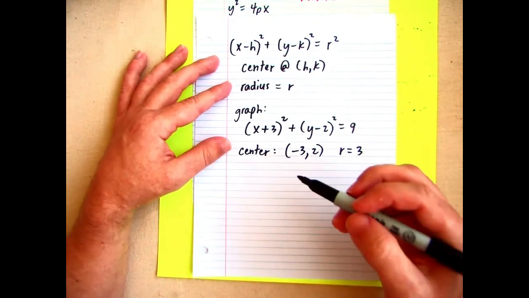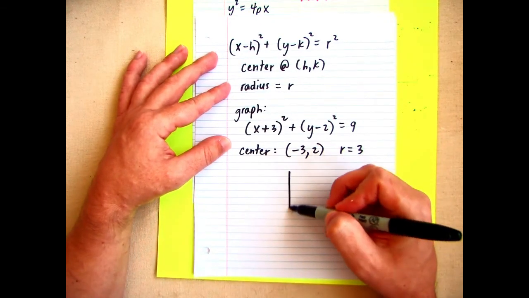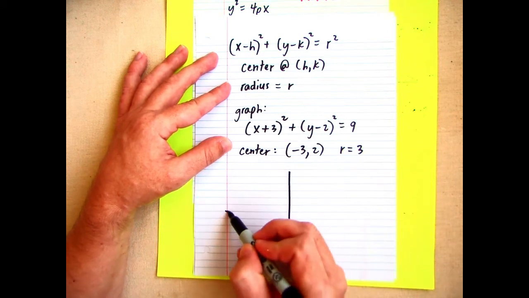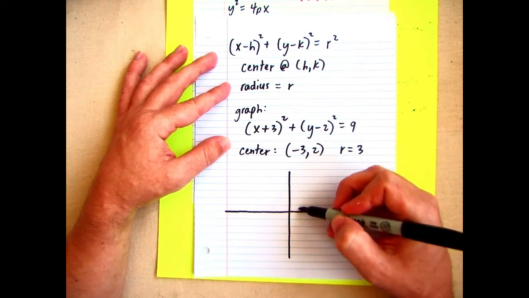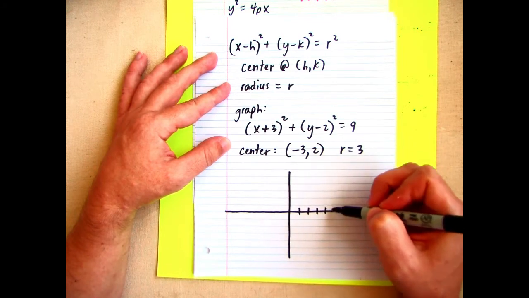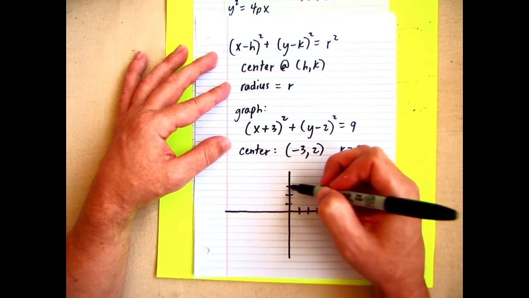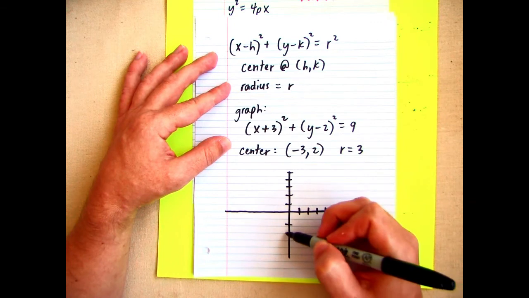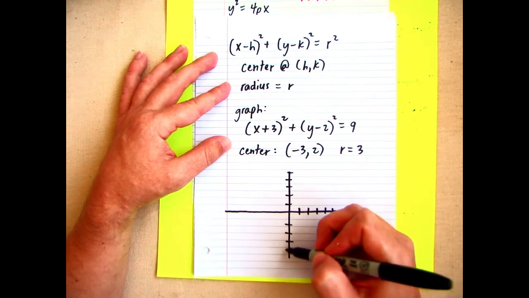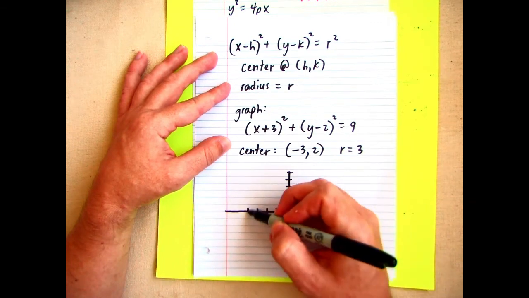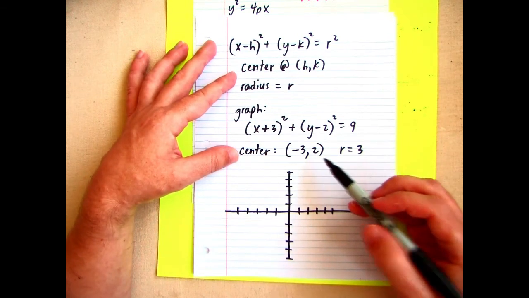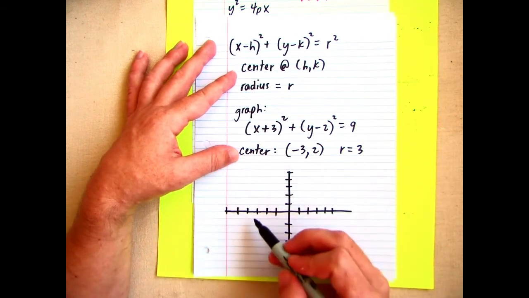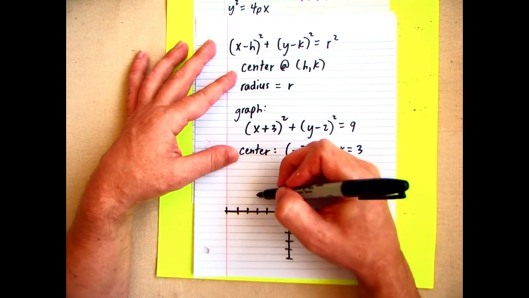So can you draw me a circle with a center at negative 3 comma 2 and a radius of 3? That should be pretty straightforward. To make this look pretty good, let's just start with our center. Put a nice point at the center, -3, 2.